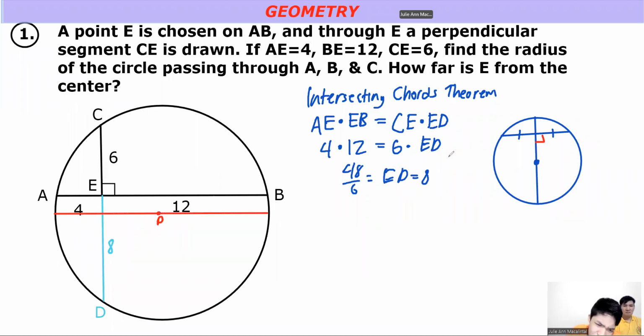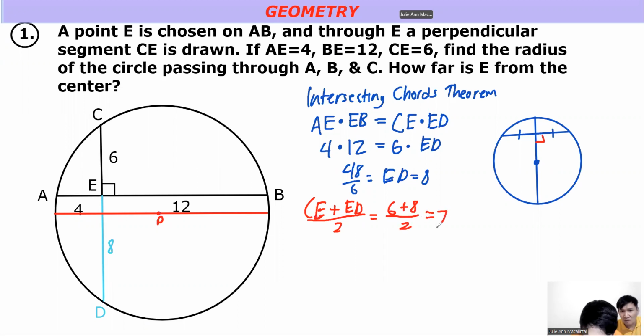So this diameter, from P and parallel to AB, should bisect CD. So this 6 plus 8. Wait, I will just put it here. CE plus ED over 2 equals, what's that? 6 plus 8.